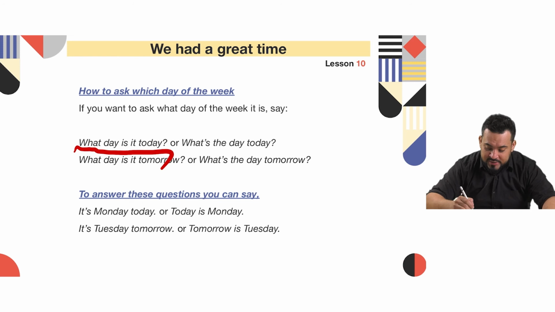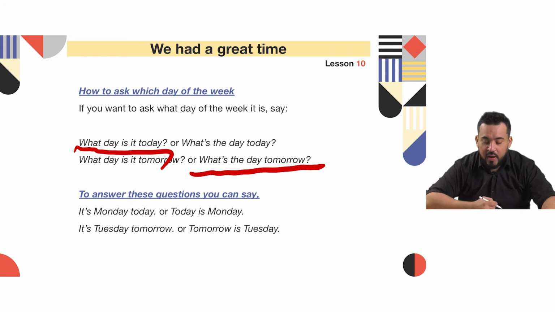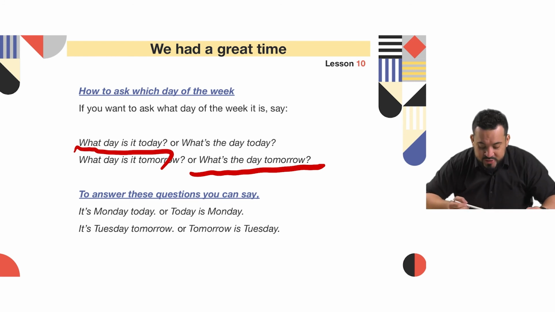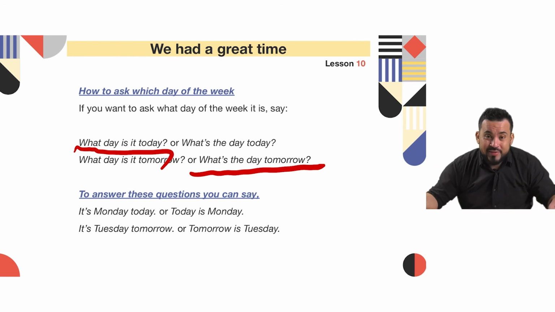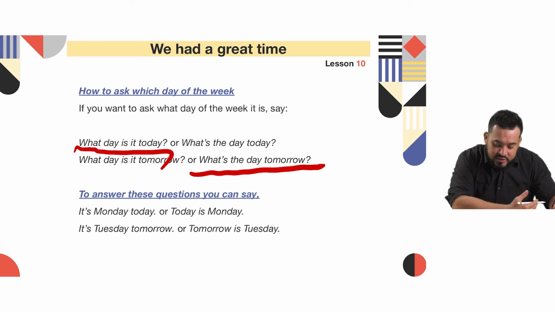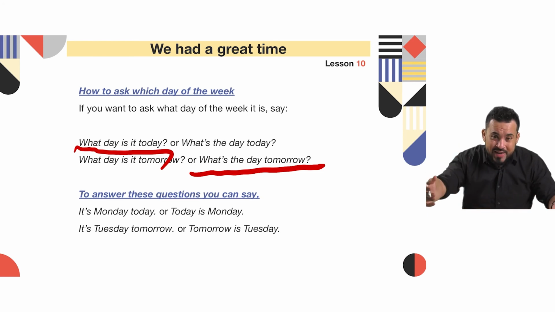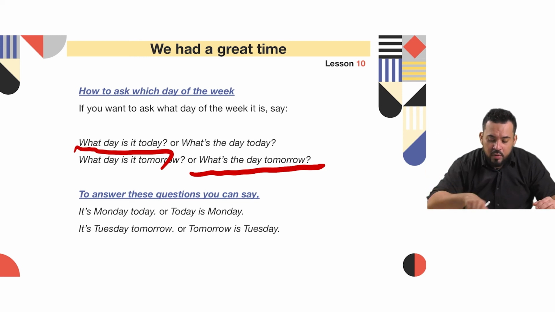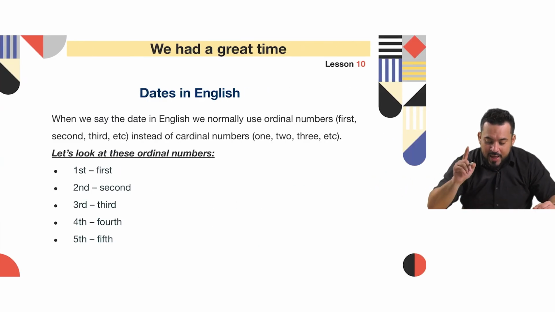Or in a different way, you say, what's the day tomorrow? To answer this question, you say, it's Monday today, or today is Monday. For the tomorrow question, you say, it's Tuesday tomorrow, or you can say tomorrow is Tuesday.